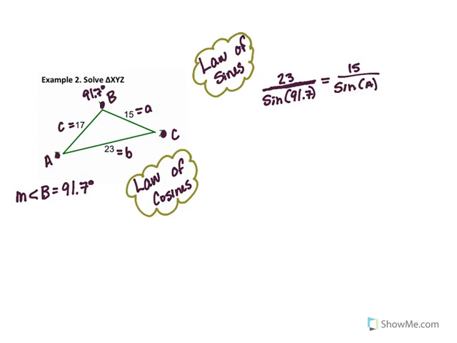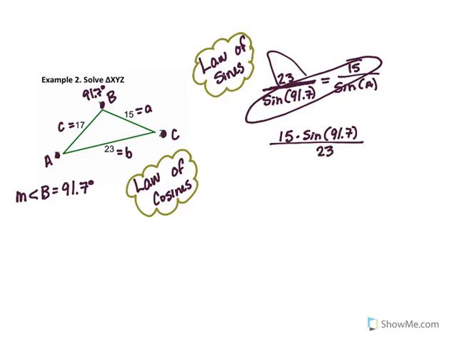You guys know I like to call this sombrero method. I just think it's funny more than anything. But really, you're kind of cross-multiplying here. So make your sombrero. We've got 15 times the sine of 91.7 divided by 23 equals the sine of a.